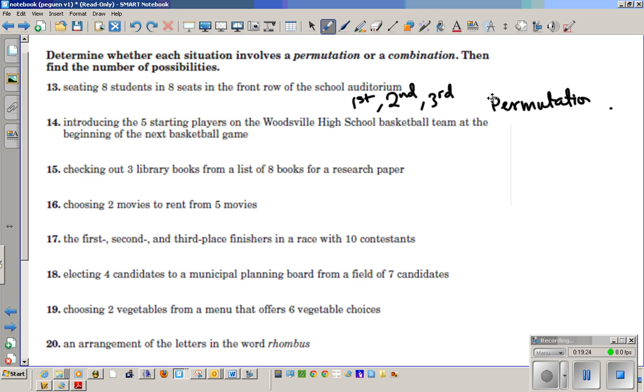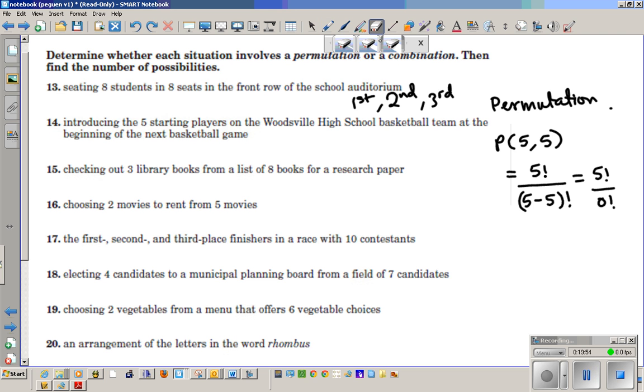So to do this, we're introducing 5 players. So it's basically P(5, 5). Out of the 5, how many are we introducing? All 5, right? So that's going to be 5 factorial over 5 minus 5 factorial, which is 5 factorial over 0 factorial, and you just work this out.